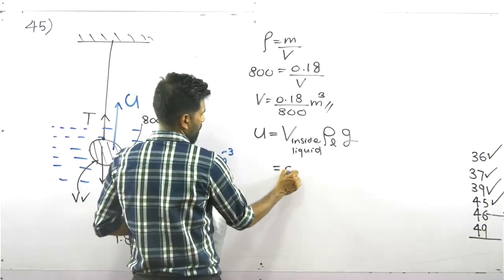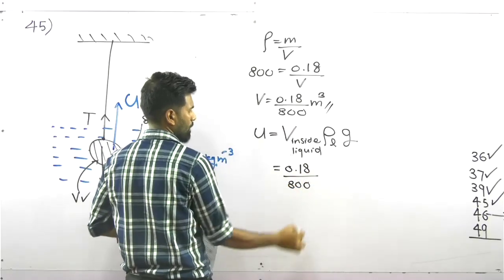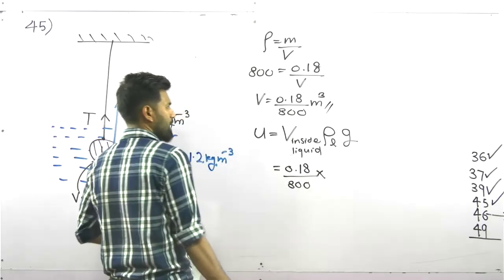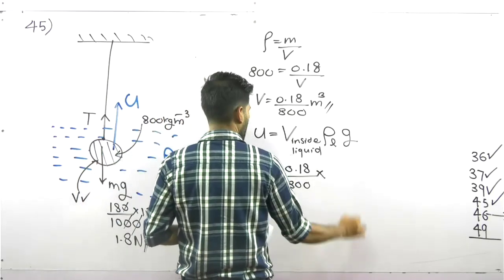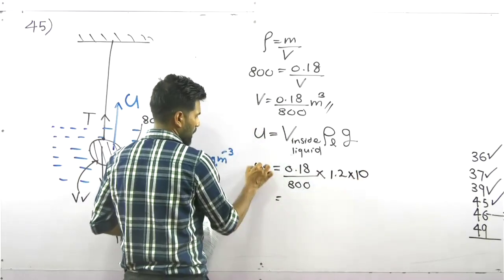Total volume 0.18 over 800 multiplied by the density of the liquid. Density is the outside air, 1.2, times g, 10. So what is the upthrust?